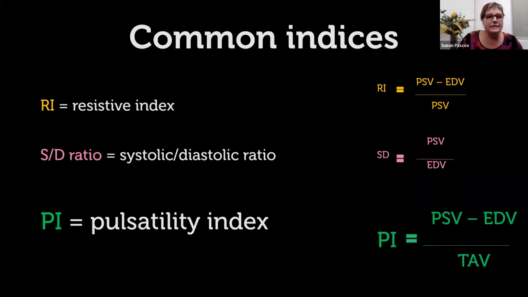Now, we use some common indices, and I've worked in a few different places that have used different ones, but the current standard is to use the pulsatility index. As you can see, they're all variations on the same theme.